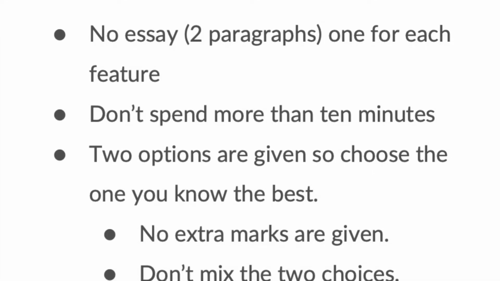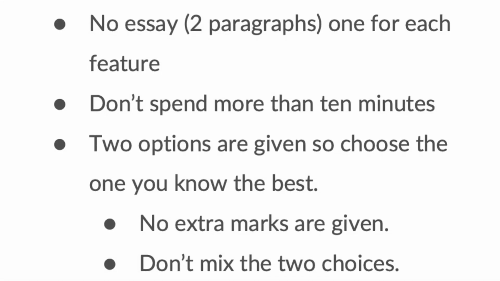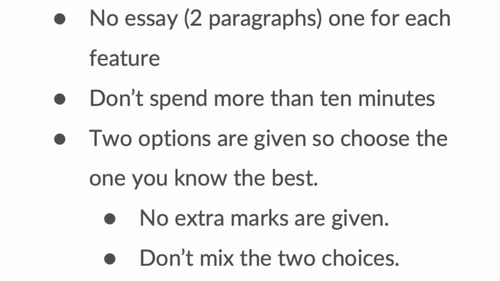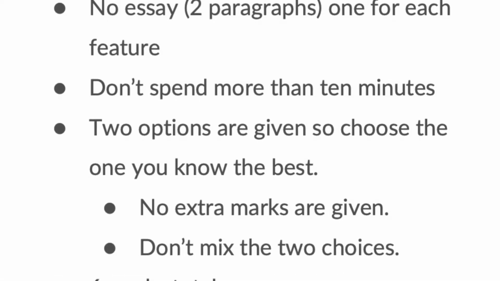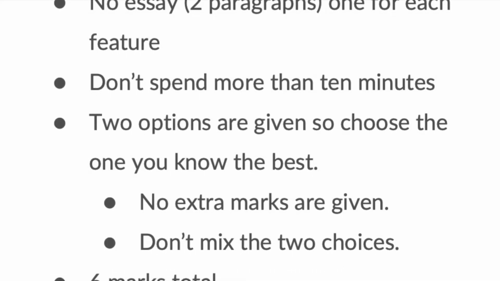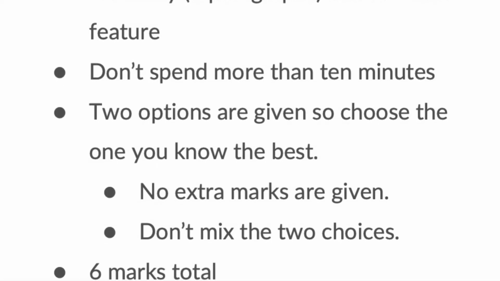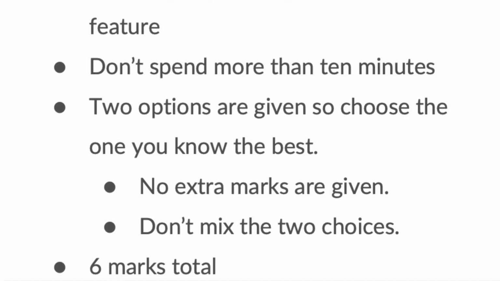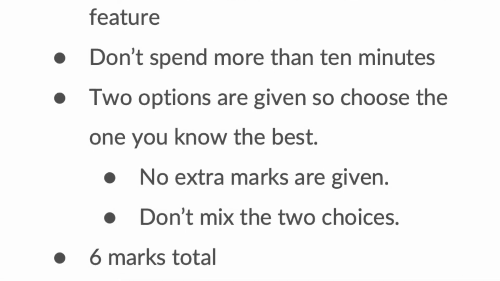One thing you need to consider is that 2 options are always given for this question. So choose the one that you know the best. Even if you write on both features for both choices, you don't get any extra marks. Once you hit your 6 marks, that's it.